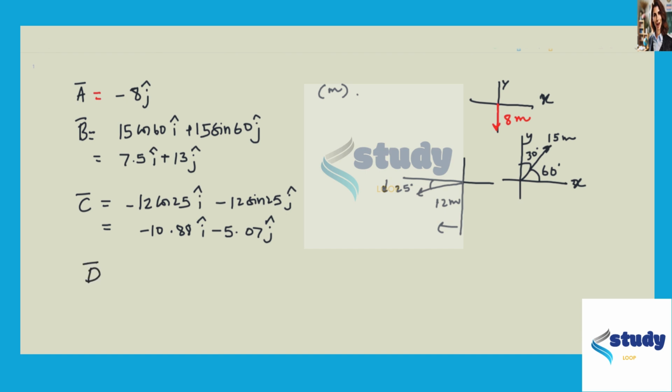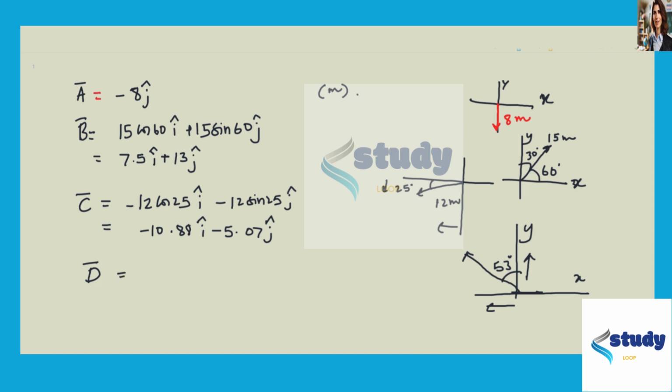Now vector D makes an angle of 53 degrees with the y-axis. Which means it has a negative x component and a positive y component.